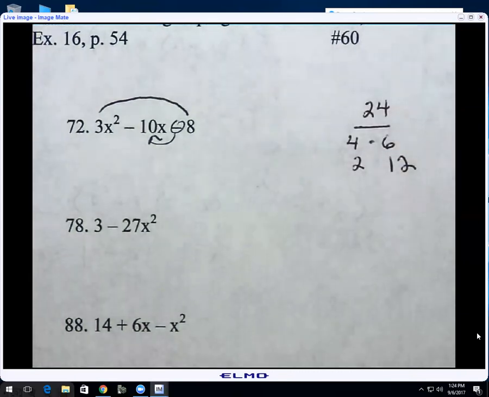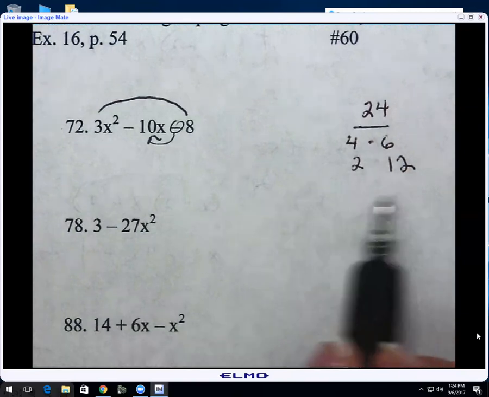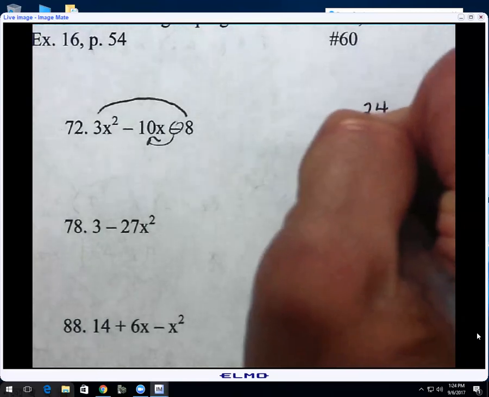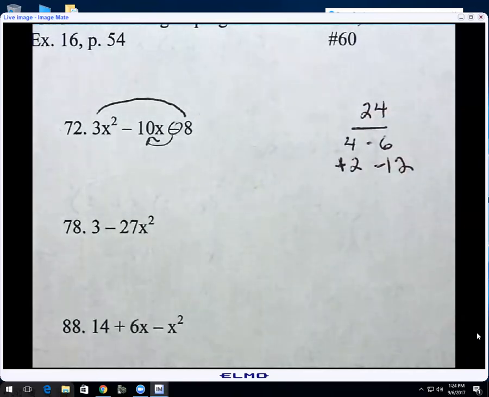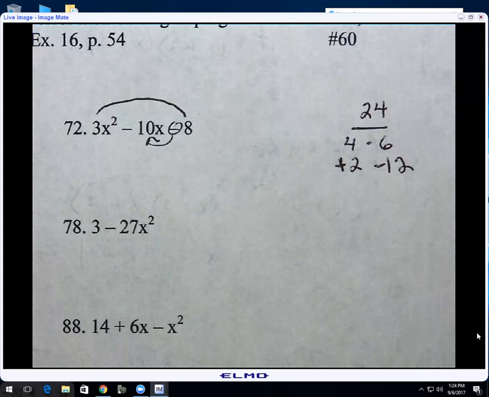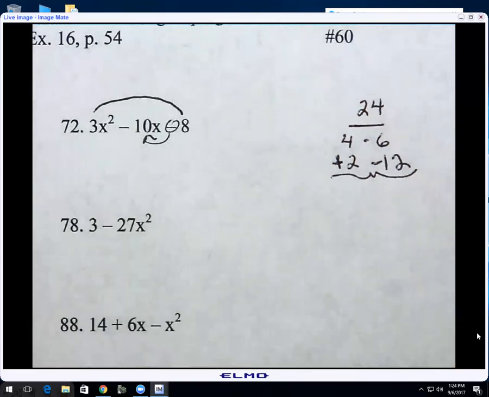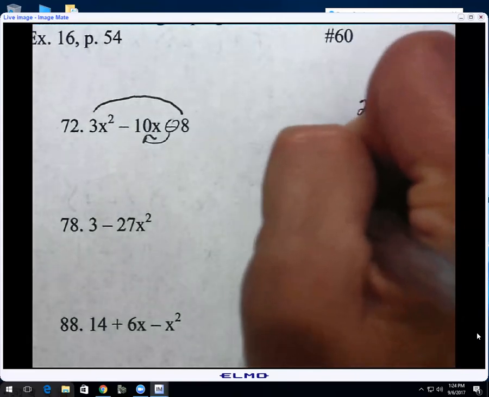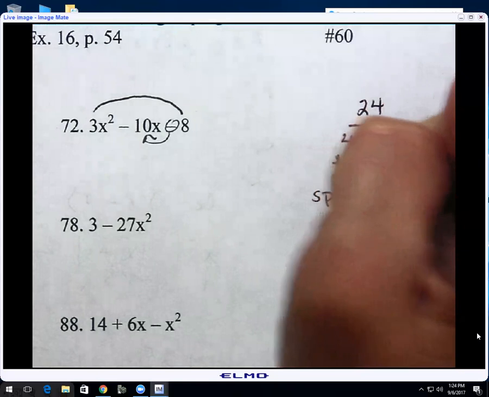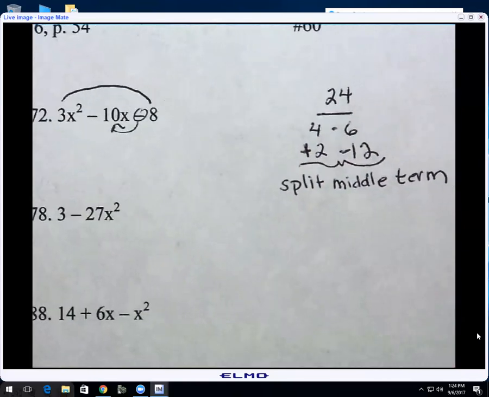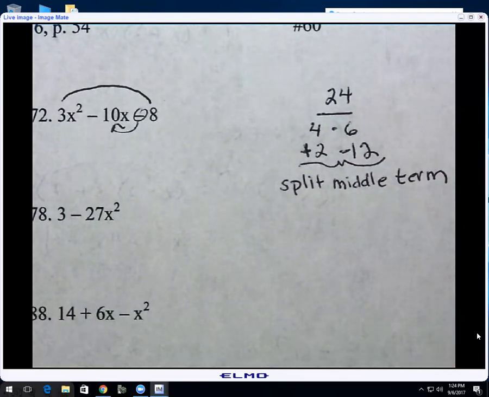That would be a positive 10. I need signs that would be a negative 10. Negative 12 plus 2. If you're going to factor by grouping, you take that positive 2 and the negative 12 and split the middle term. Write that down and then I'll tell you what I mean.